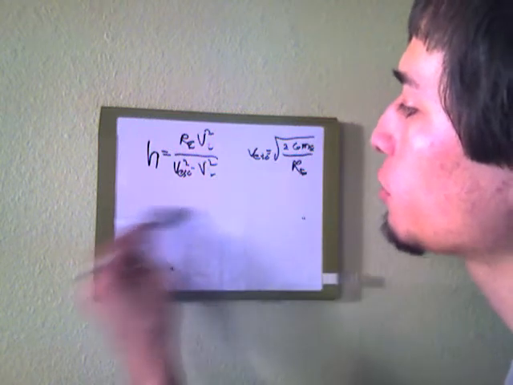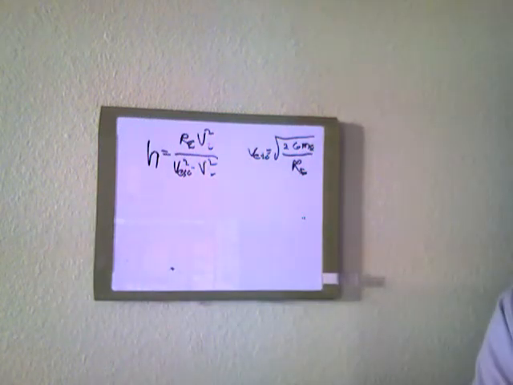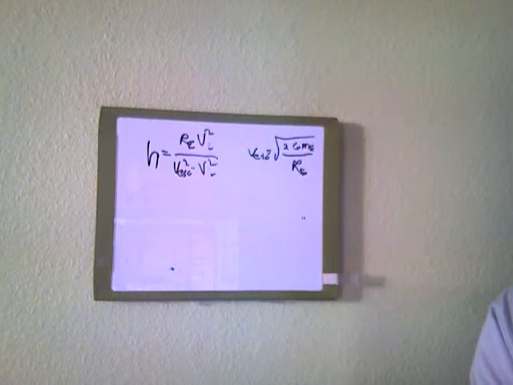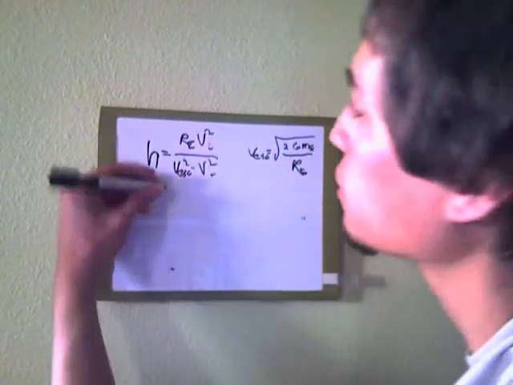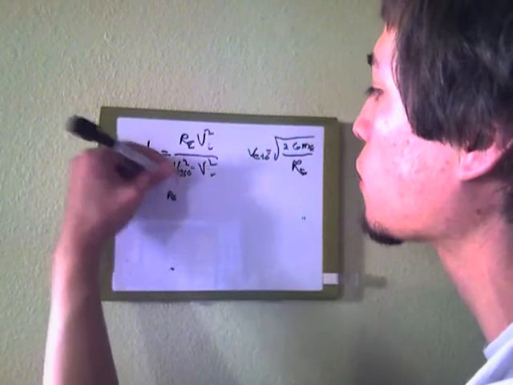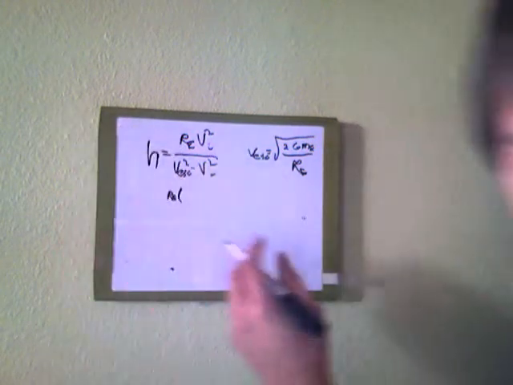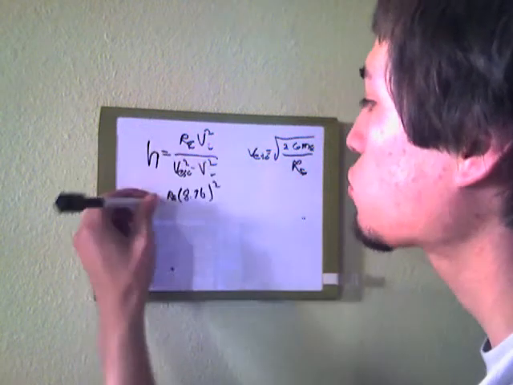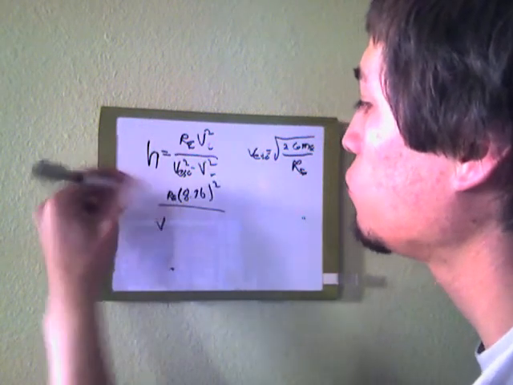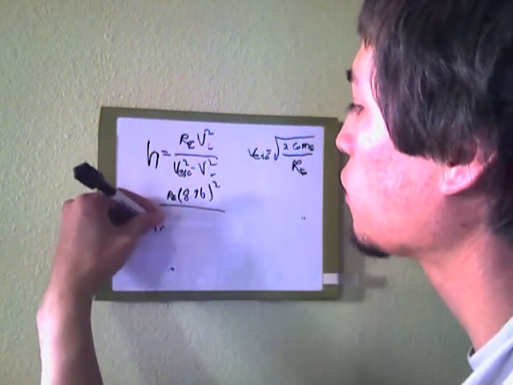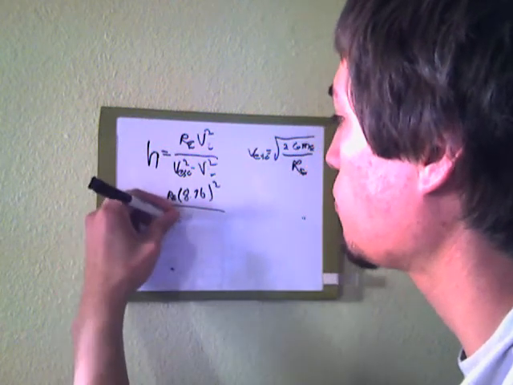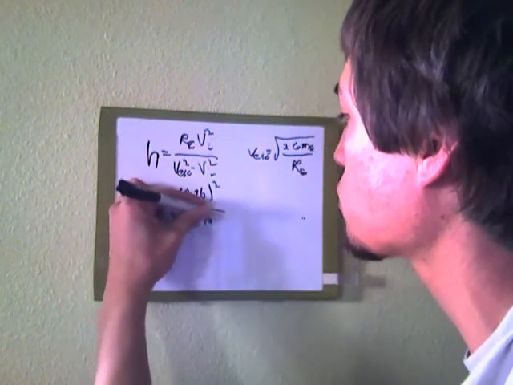After that, they just want you to plug in a couple of numbers. They say part B, a space vehicle is launched vertically upward from the Earth's surface with an initial speed of 8.76 km per second, which is less than the escape speed of 11.2. So basically this is really simple. You put in the radius of the Earth, which is some constant, and then the initial speed, which they said was 8.76 squared, divided by the escape velocity, which they said was 11.2 squared minus 8.76 squared.